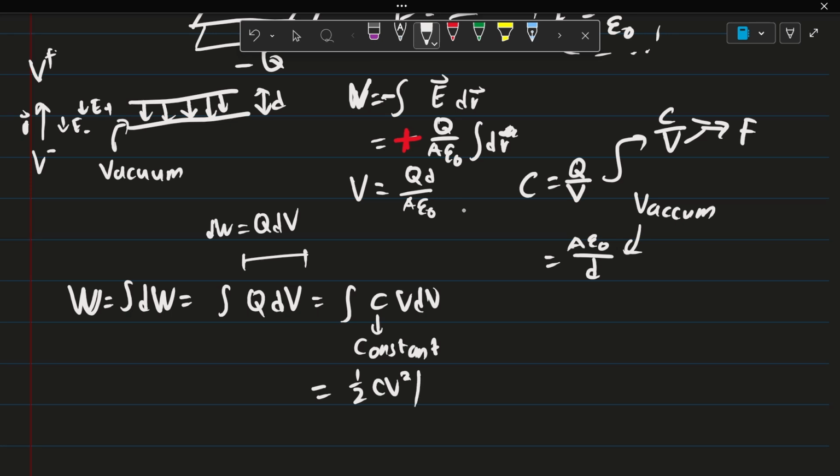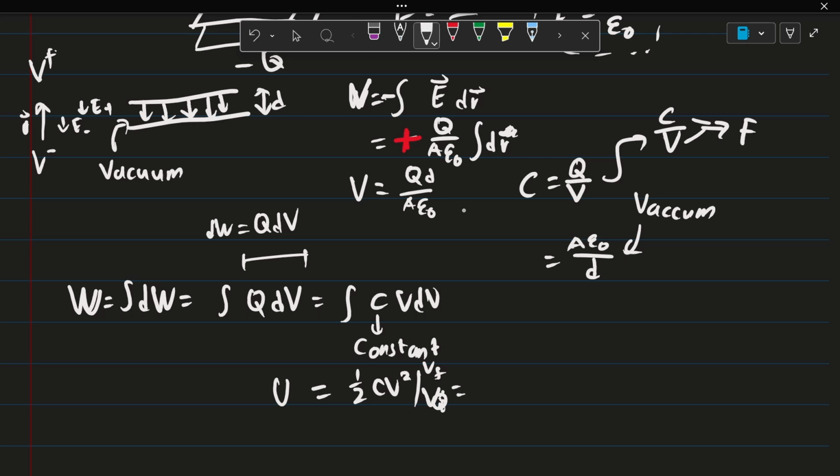And you would just compute this within the change of voltage, V final and V initial, let's say. It is pretty useful if you state that if the voltage is 0, there's no work done. So this is pretty much the potential energy.